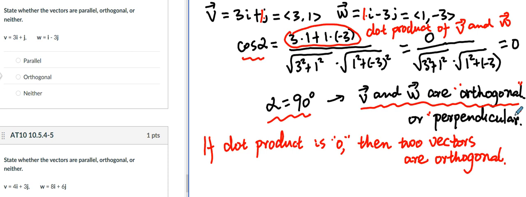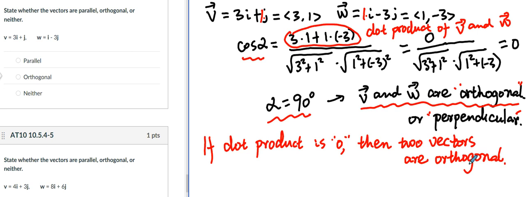So in future, if we want to see if two vectors are perpendicular or not, we just need to calculate the dot product. Using x times x plus y times y, if it ends up with 0, then we know those two vectors are orthogonal.